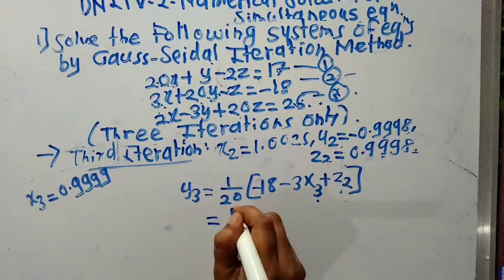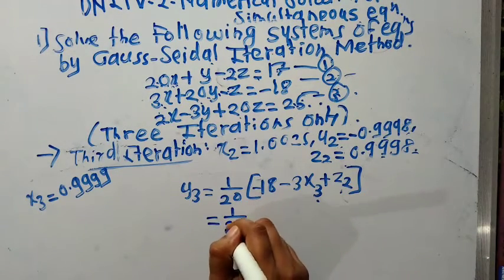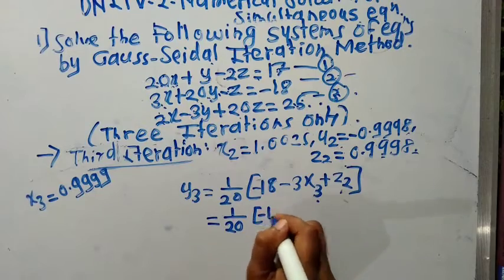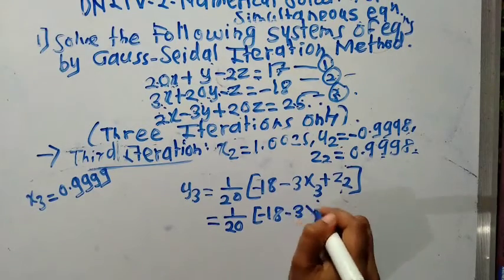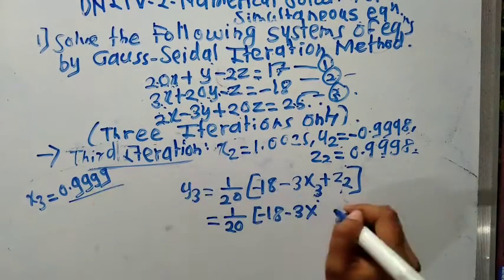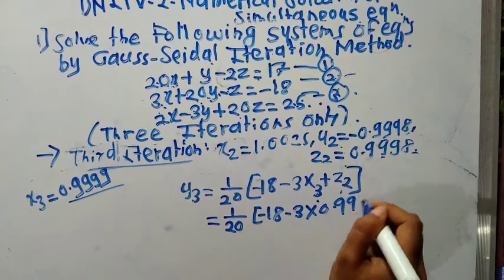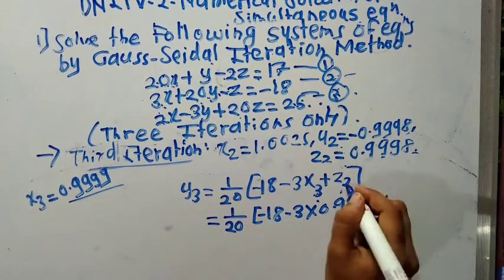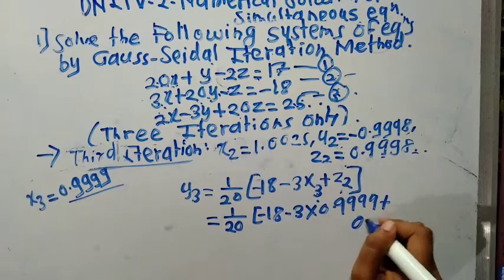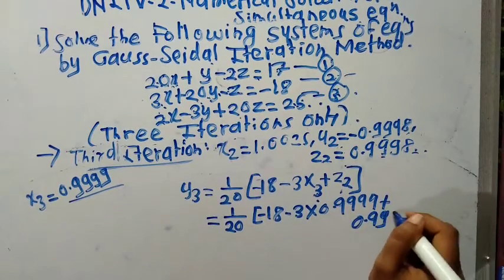So find out the value: 1 by 20 minus 18 minus 3 into x3 is 0.9999 plus z2 is 0.9998.